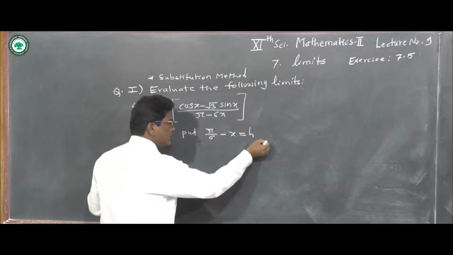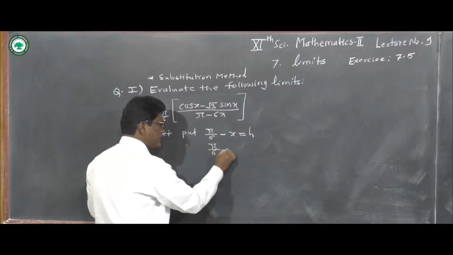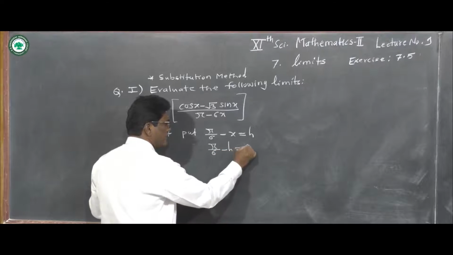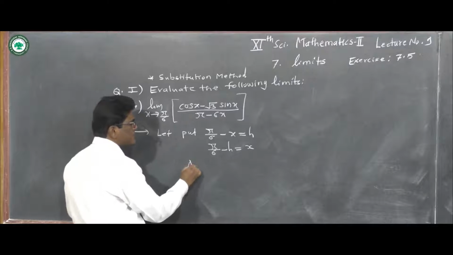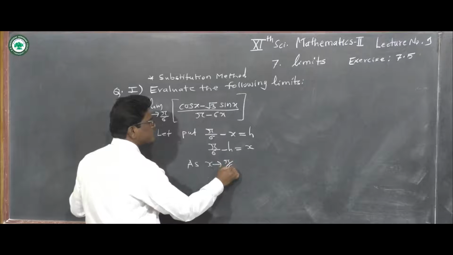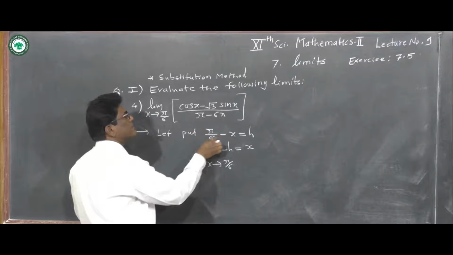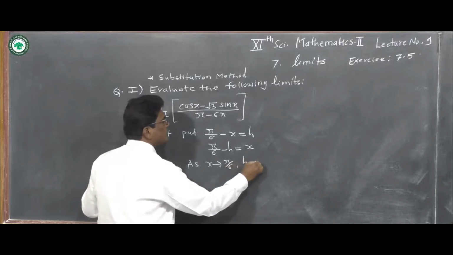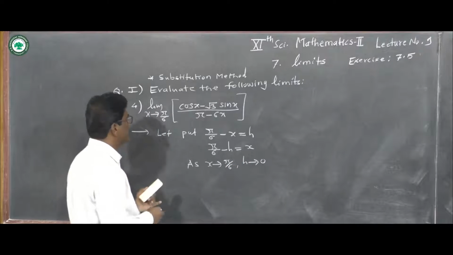Carry this x to the right side and h to the left side, and so we get here pi by 6 minus h is equal to, this becomes plus x. Now since x tends to pi by 6, if we put x as pi by 6, pi by 6 and pi by 6 get cancelled, h tends to 0. Always h tends to 0 in every problem in the substitution method.